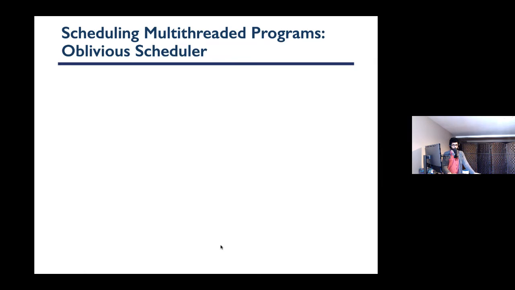Okay, now we're kind of done with scheduling in multiprocessors. The last topic that I want to talk about is multi-threaded applications, and whether we need to do anything differently for them. Do we need to care about threads, or can we just look at them as units of work and ignore the dependencies between threads?